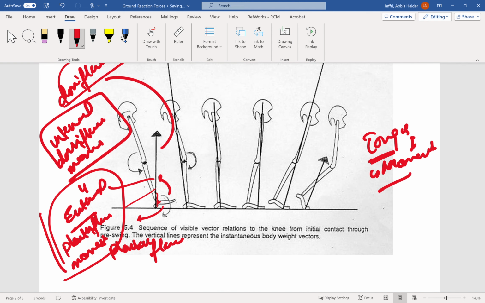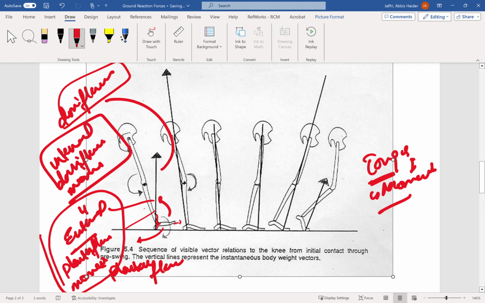Similarly, if you go forward, here also your ground reaction force is posterior to the ankle joint, and your moment is an external plantar flexor moment. Here your ground reaction force moves anteriorly, so you have an external dorsiflexor moment. Okay, and then again here you have an external dorsiflexor moment.